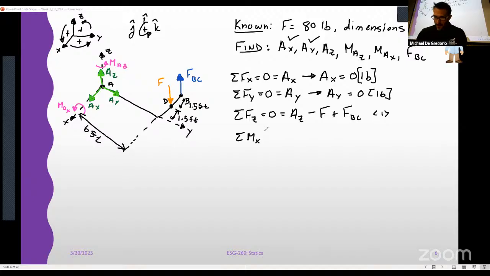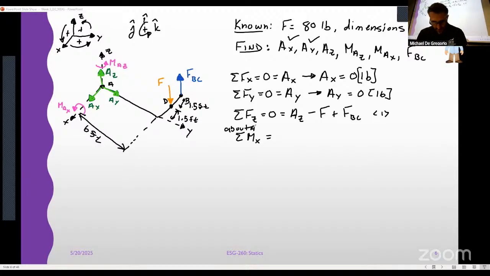All right, so if we do this about A, I'll make a note here that it's the sum of the moments about A in the X direction, because I named one of my applied moments M_A in the X direction, and that is confusing, right? So we make a note. Okay, great.